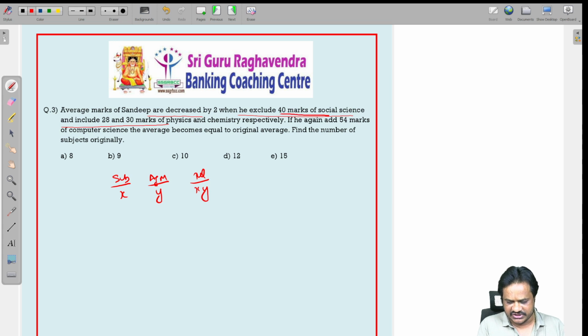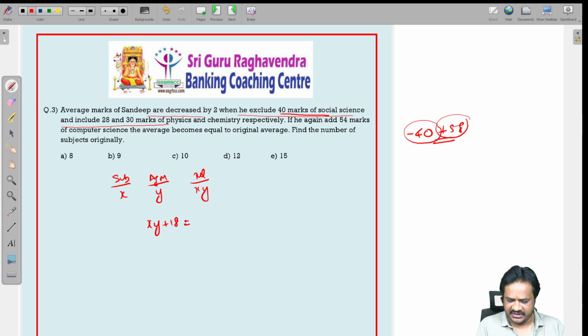Excluding means minus 40, including means 28 plus 30, that is 58. So you are including 58 marks and excluding 40. Therefore, we are including totally 18 marks. So, total marks are xy plus 18.